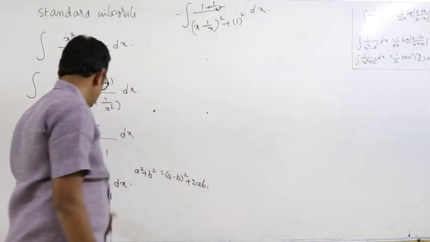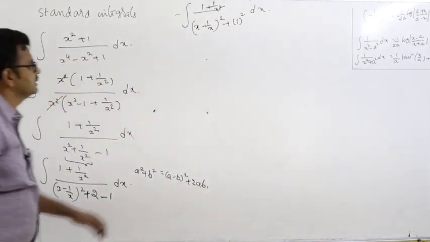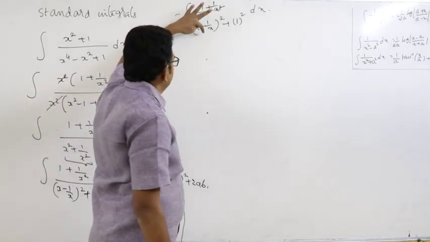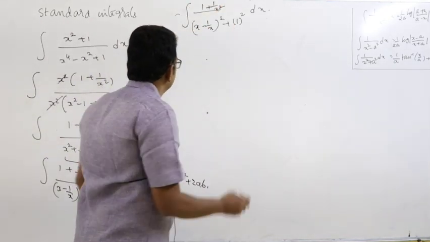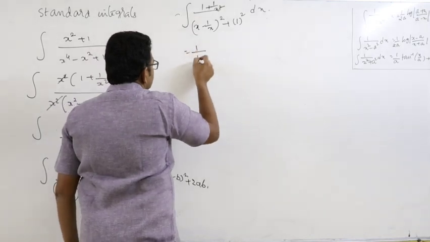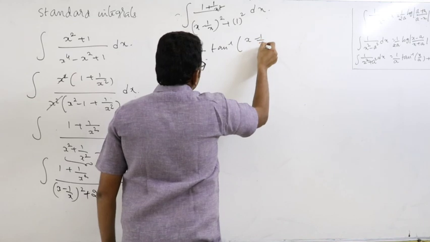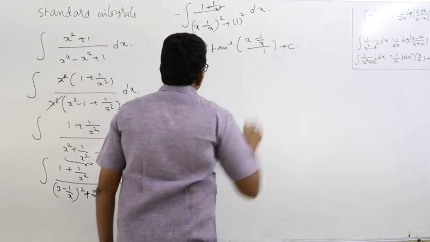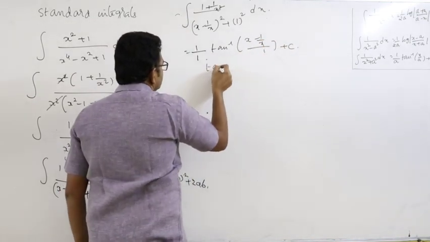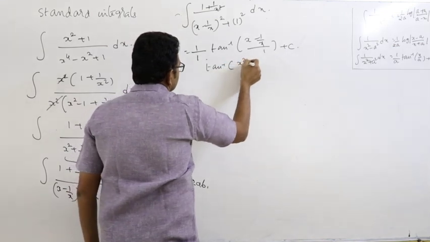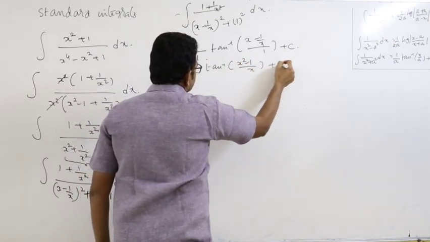Only thing is 1, 2 minus 1 is 1. Now this is the standard formula f dash x by f of x whole square plus a square, that is 1 by a tan inverse of x minus 1 by x by 1 plus c. That is tan inverse of x square minus 1 by x plus c.